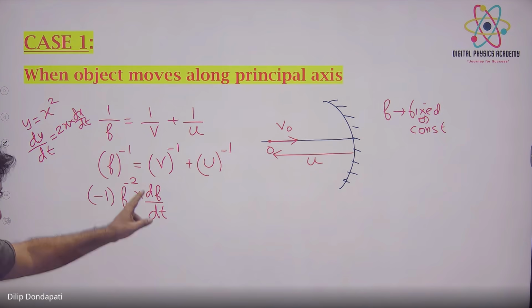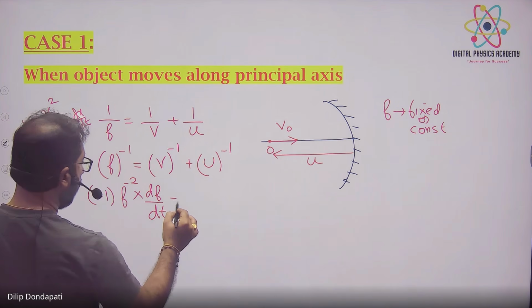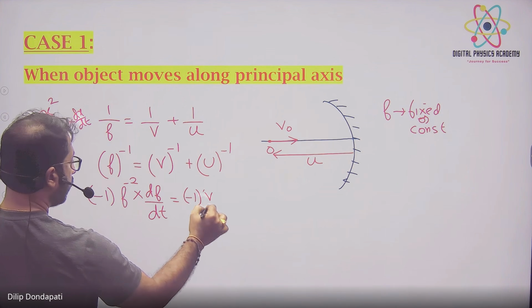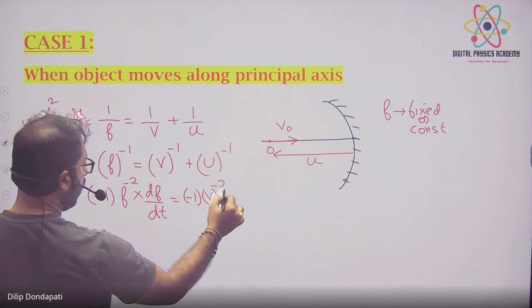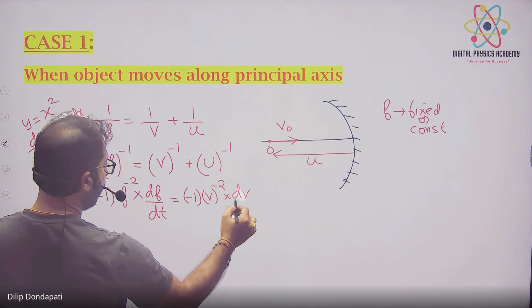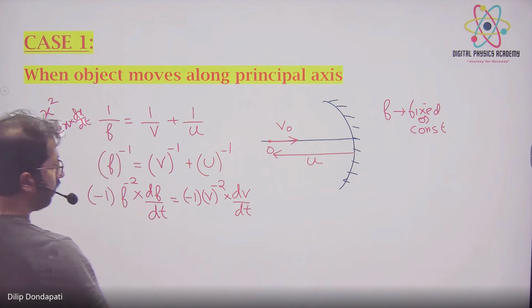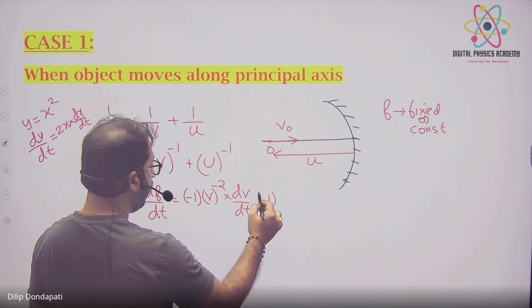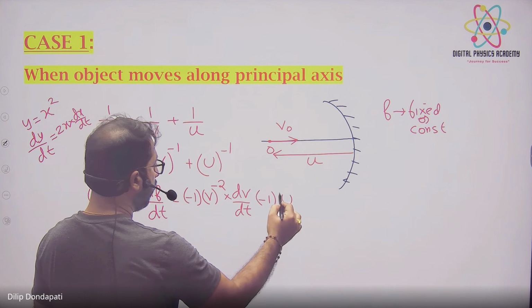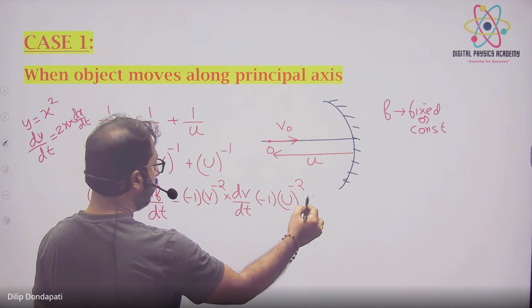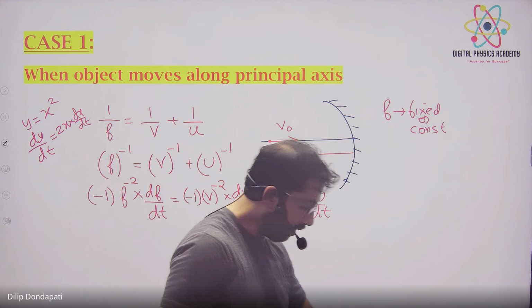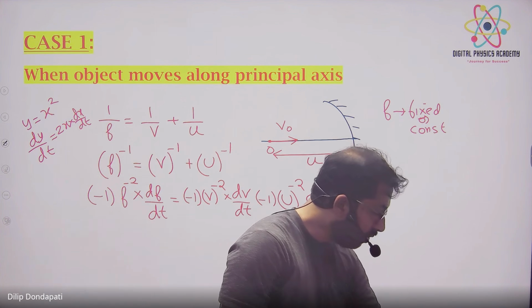Using n into x power n minus 1, for the v term we get minus 1 into v power minus 2 into dv by dt. Similarly here we get minus 1 into u power minus 2 into du by dt. Which of these is 0?